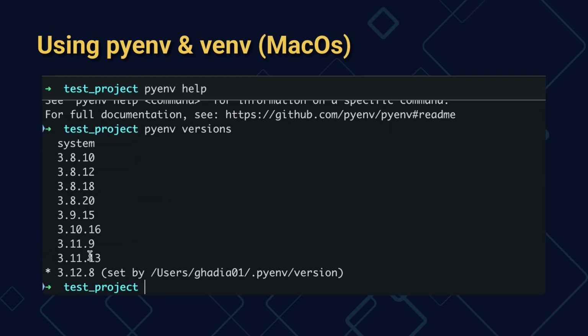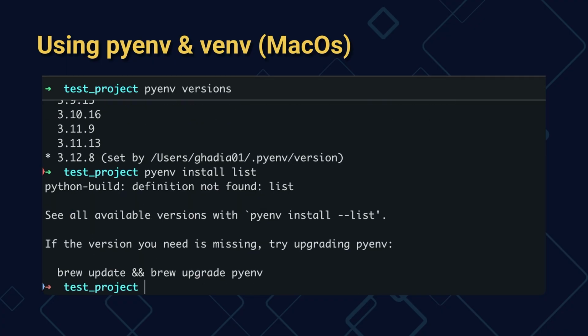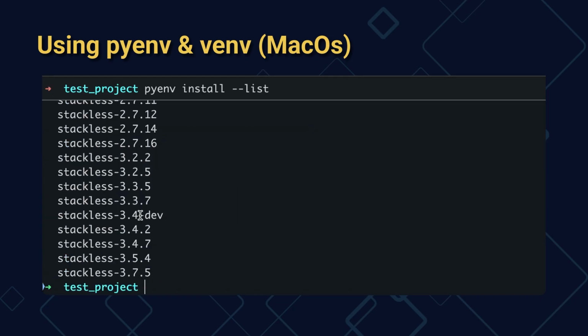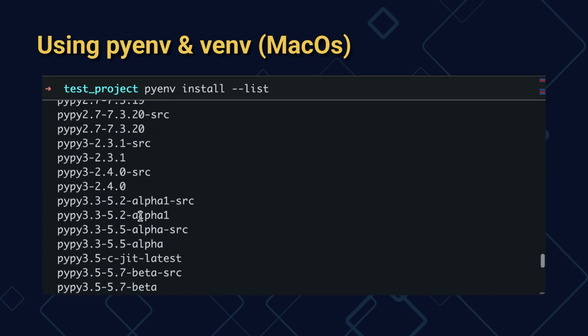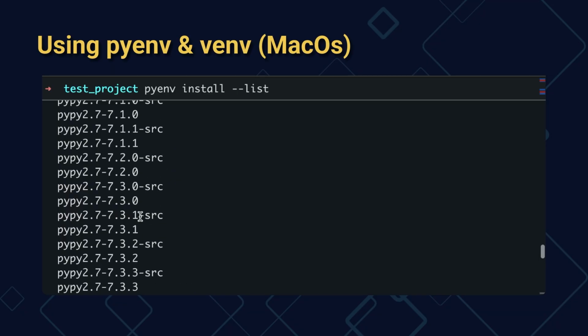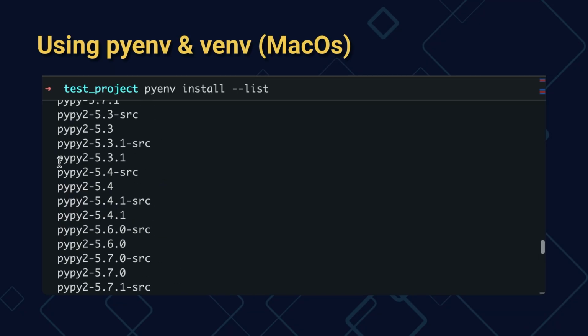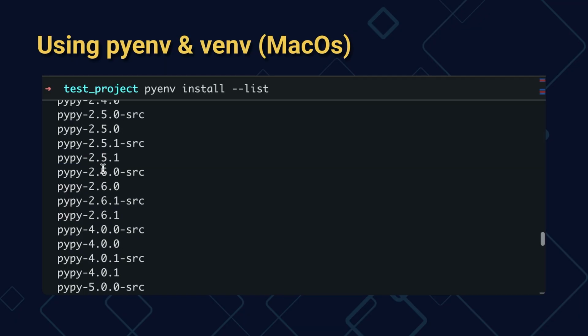Actually, I've installed them. It's quite easy to install a new version. Just go to pyenv install list, and it shows you a long list of different Python versions and different Python distributions.